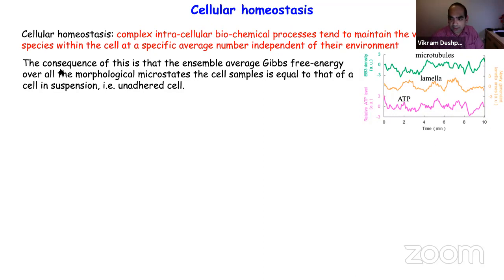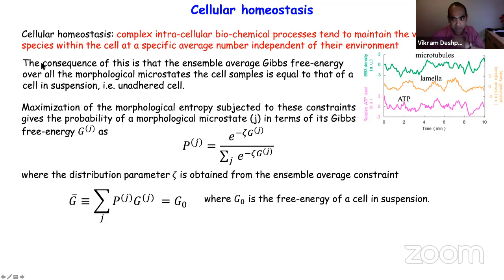And if you do that kind of morphological entropy maximization, you will get the probability of a given morphological shape. It's given by a formula which looks very much like normal statistical mechanics, except that this distribution constant zeta is no longer the normal thermodynamic temperature, but something else.